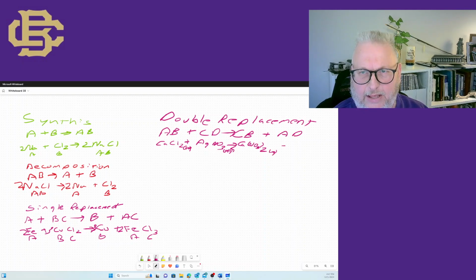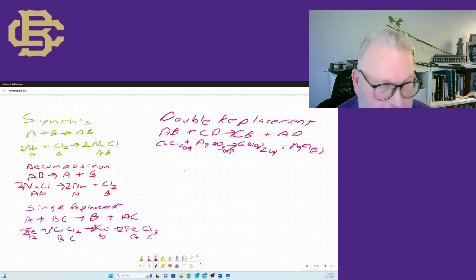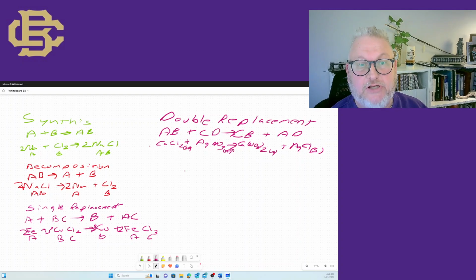And of course you got silver chloride. Silver is +1, chlorine is -1. Go back over here, silver chloride, AgCl, +1, -1. But this falls out of solution as a precipitate, right? So calcium and silver talk to each other.